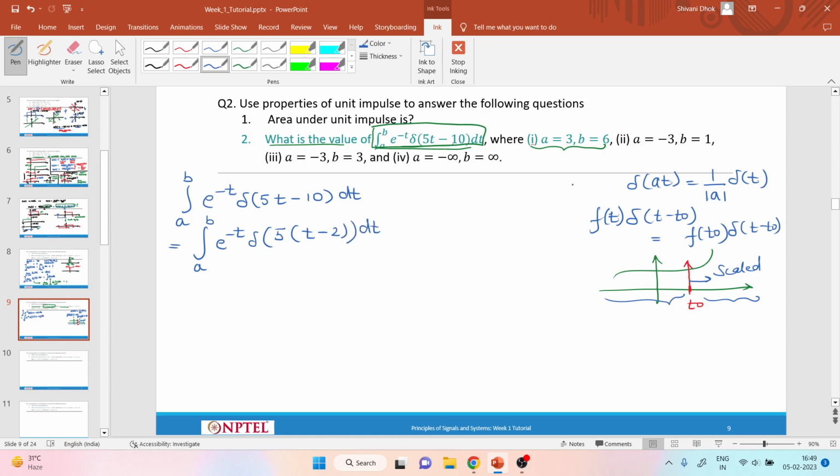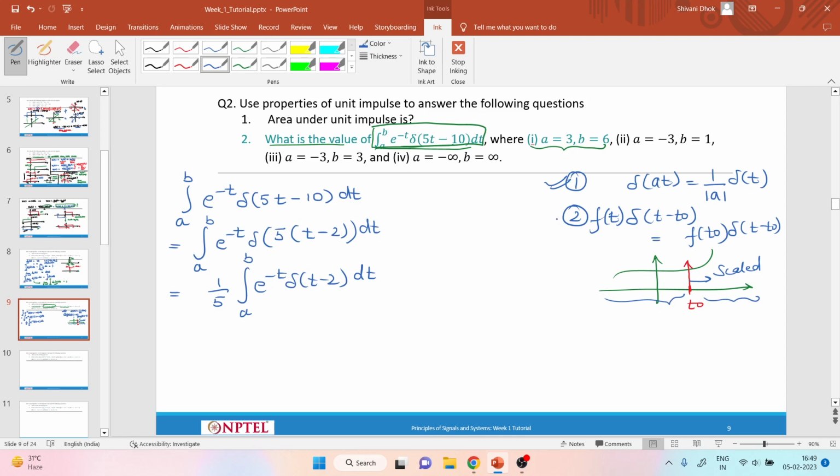Now we can use this first property and write this as 1 by 5 integral a to b e power minus t delta t minus 2 dt.